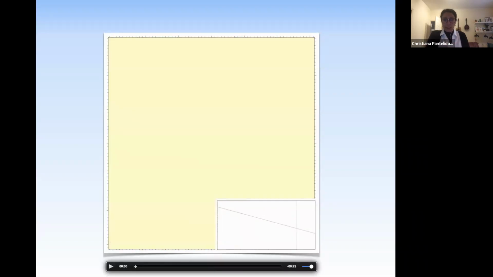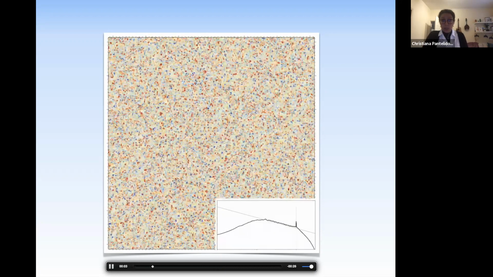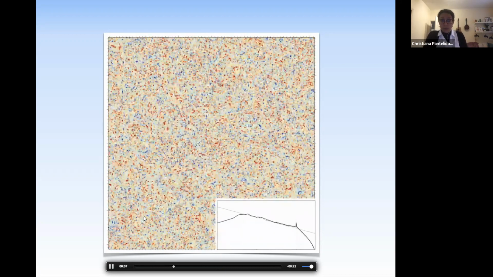So at initial time, there is no vorticity in the system because we're starting from equilibrium and there is no power here. And as soon as I let this go, we see the formation of very small vortices. These are the ones that we introduce in the system due to the forcing.